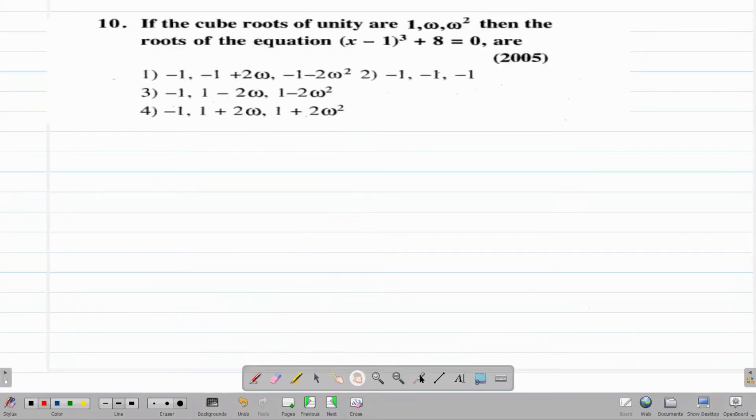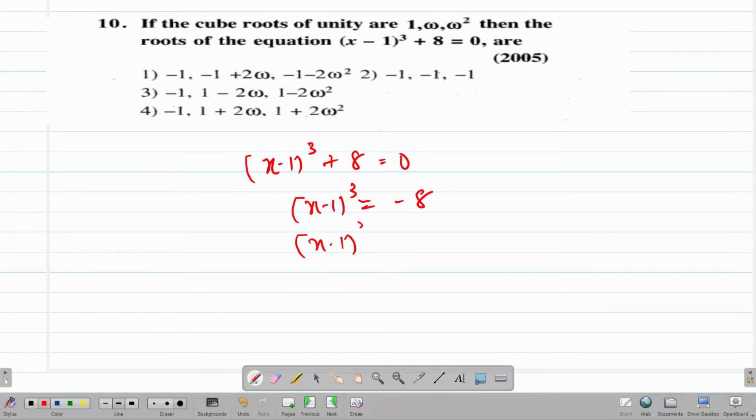Now what next? Look at this question: if the cube roots of unity are 1, omega, omega square, then the roots of the equation (x minus 1) whole cube plus 8 equal to 0 are, this was asked in 2005. (x minus 1) whole cube plus 8 is equal to 0, so (x minus 1) whole cube is equal to minus 8. We can write minus 8 as minus 1 into 8.